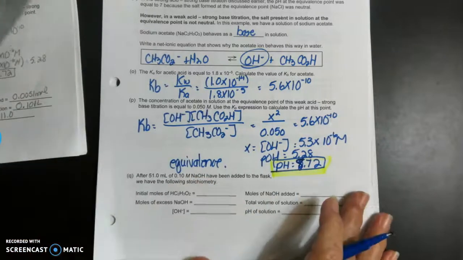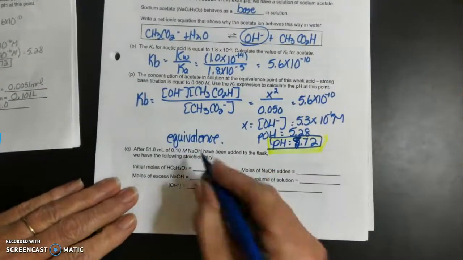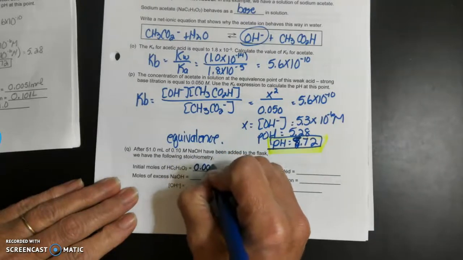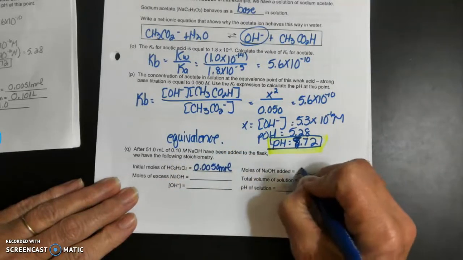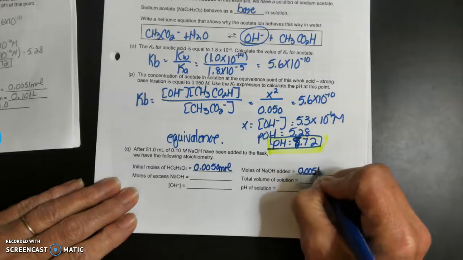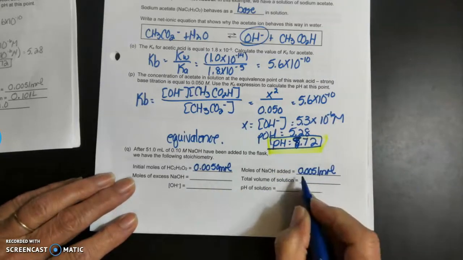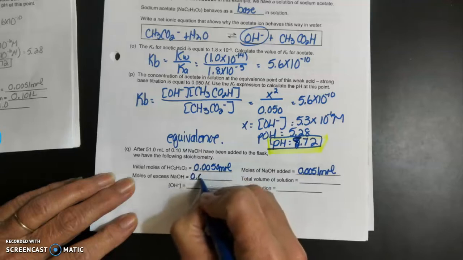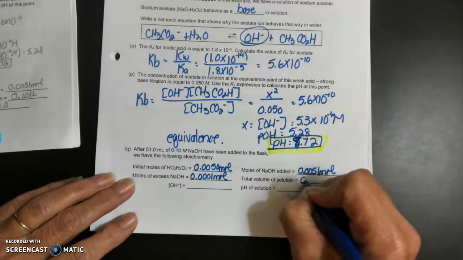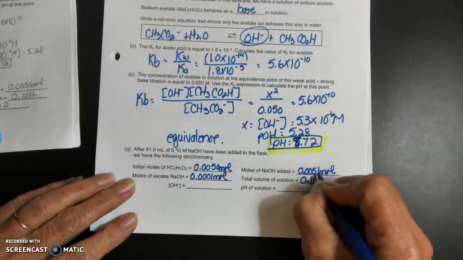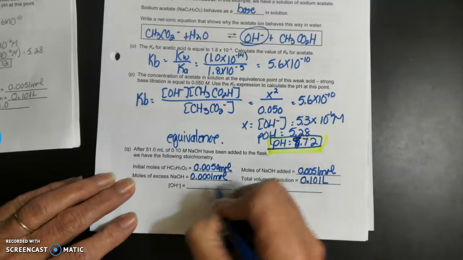Now what we're going to do is go over the equivalence point. Again, we still have the same number of moles of acetic acid, but now we've added a little bit of extra moles of hydroxide. So now we have how many moles excess? 0.001 mole excess. The total volume is 50 plus 51 milliliters, which is 0.101 liters.